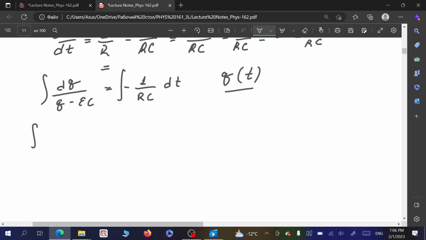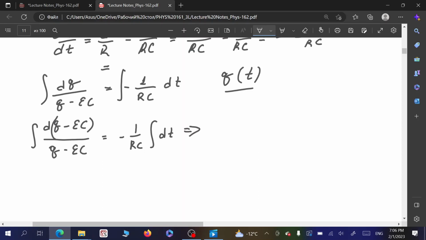Integral dQ over Q minus epsilon C is equal to minus 1 over RC, since these are constants, integral dt.